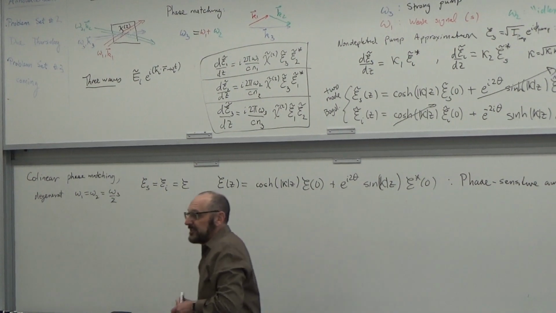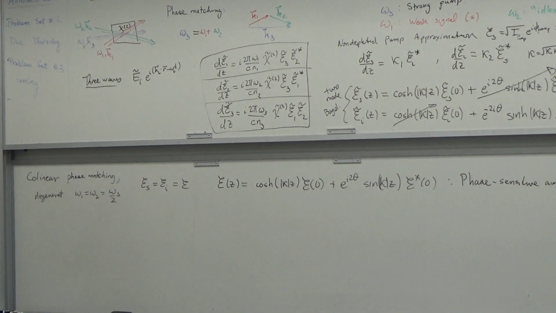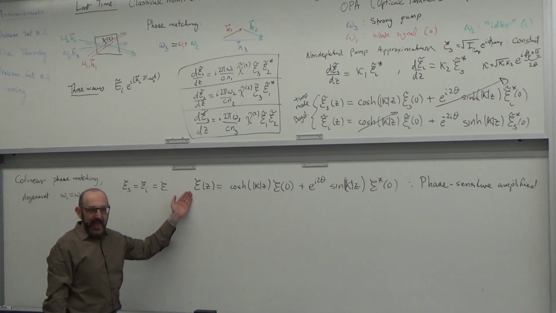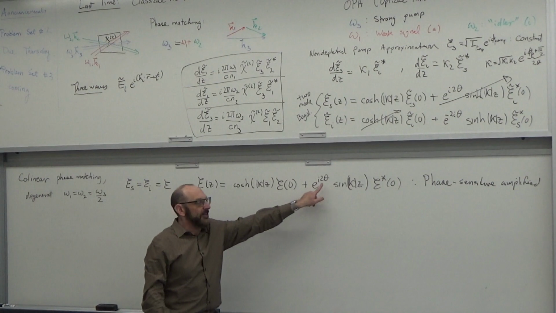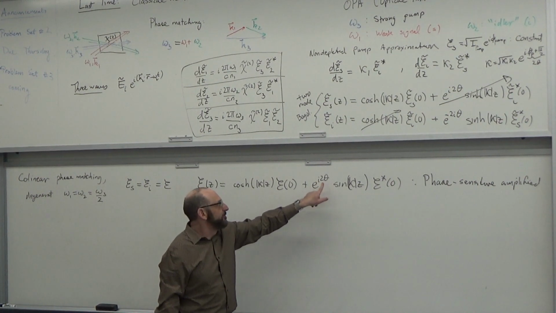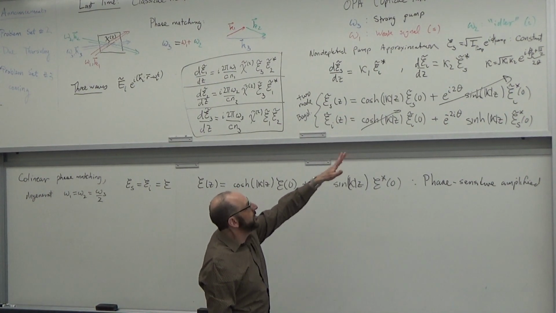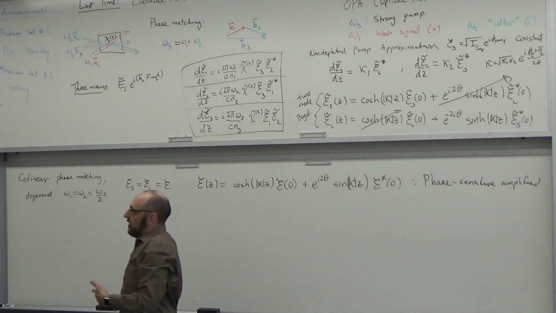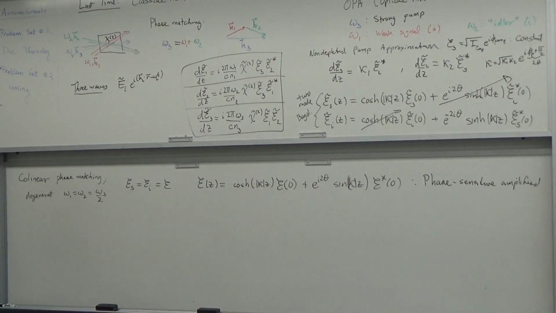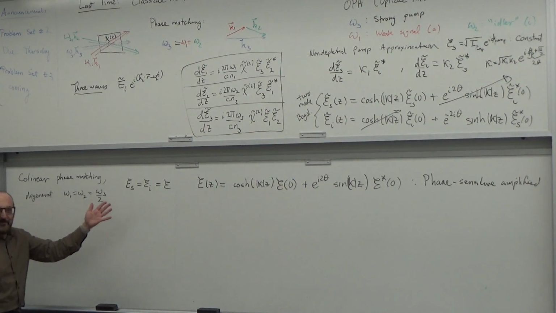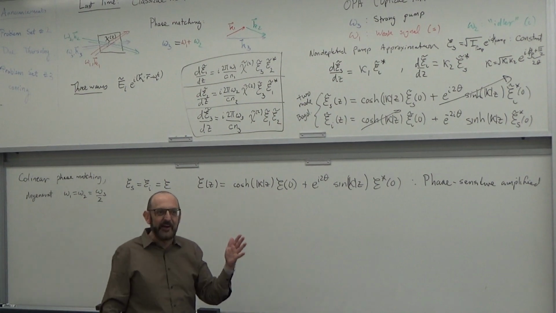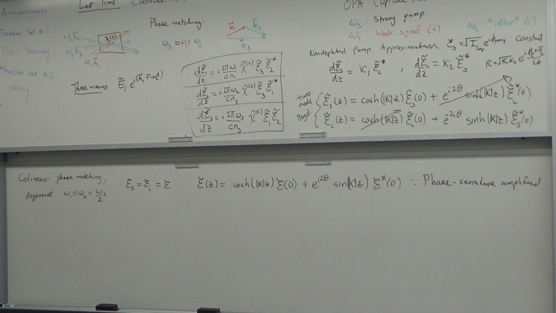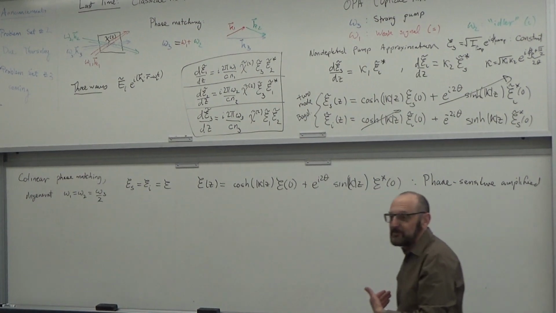Because the particular quadrature of the electric field which is amplified depends on this theta, which depended on the phase of the pump, right? And this is the same thing you're solving in homework, where you looked at the parametric amplifier, and you saw that certain quadratures are amplified and certain quadratures are de-amplified.